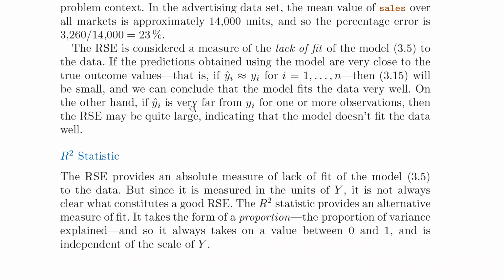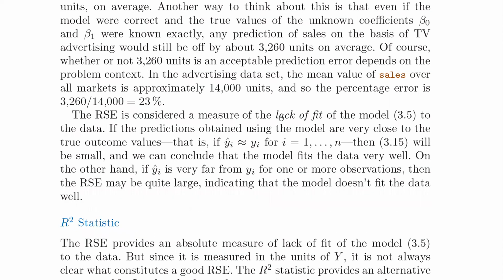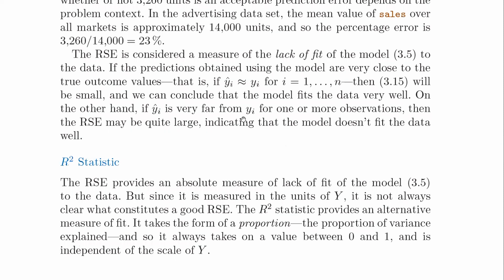If the predictions obtained using the model are very close to the true outcome values, that is if y hat i is roughly yi for each observation i, then 3.15, which is this, will be small, and we can conclude that the model fits the data very well.